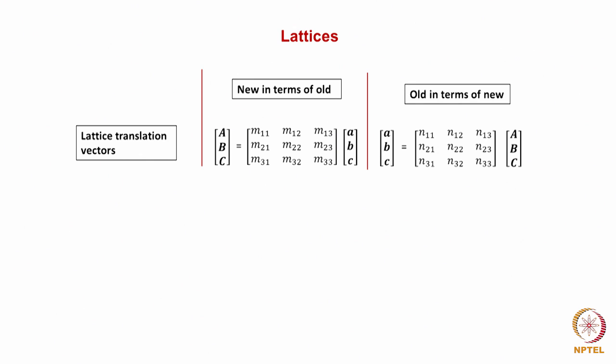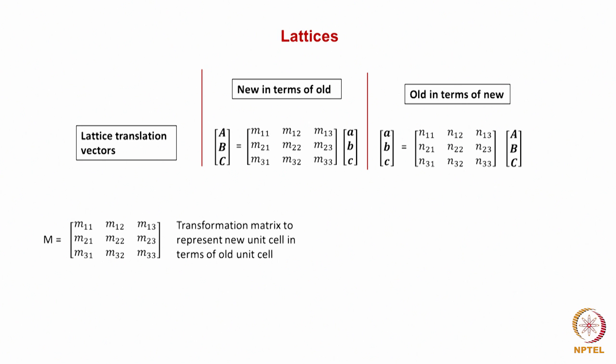So this can be represented in a matrix form also. That is what is shown here. M is the matrix which represents the transformation from the old system to the new system.